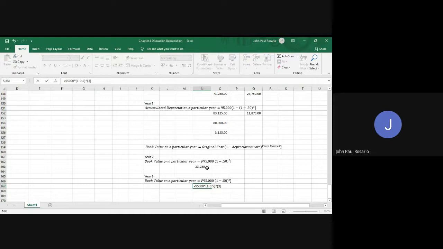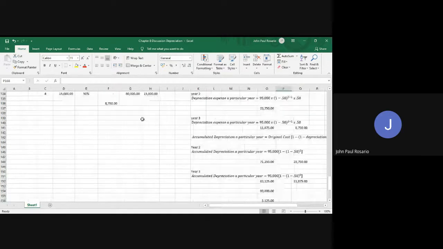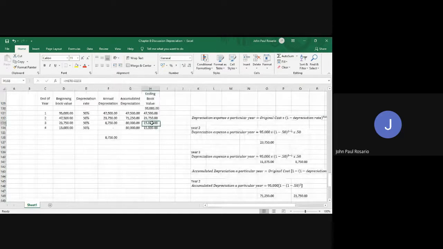It's 11,875, and again, we know that our residual value is 15,000, so we adjust it to 15,000. So our carrying amount on year 3 is 15,000, as seen here in your table. So with that, we're done with our discussion on declining balance method.